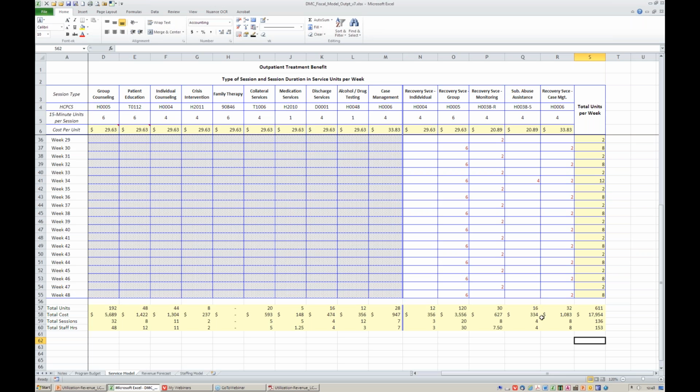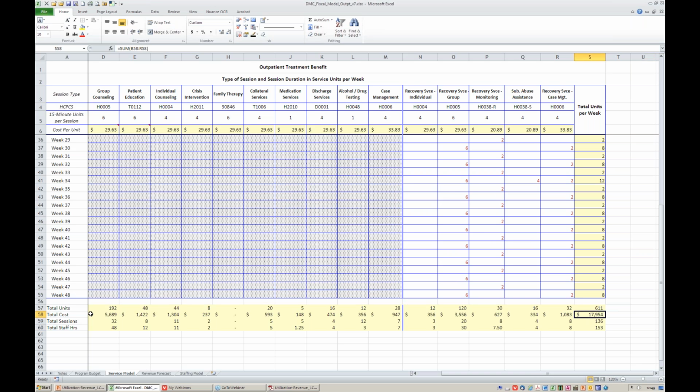Now, let me explain. So the 1,083 is you got 32 15-minute units of recovery services case management. So that multiplies 32 times the rate. And that's the case for all these numbers here. When we get to the end, and some of you will see the formula, the 17,954 is the total across here.